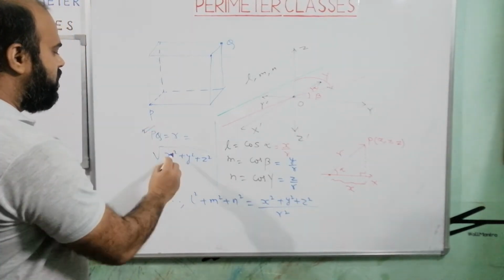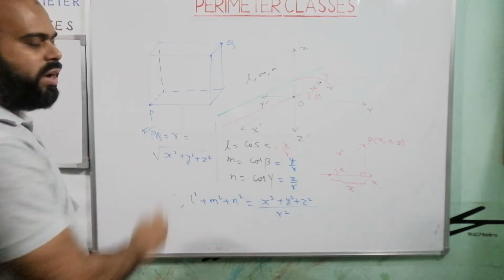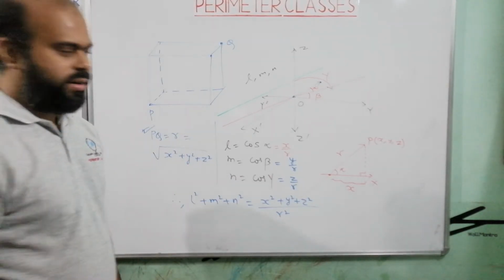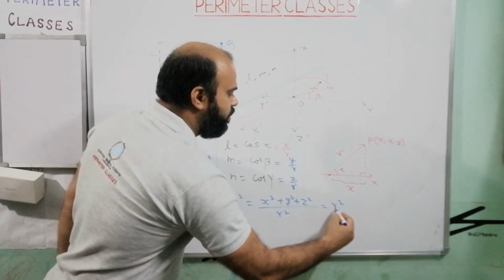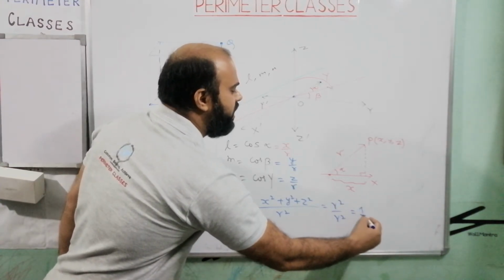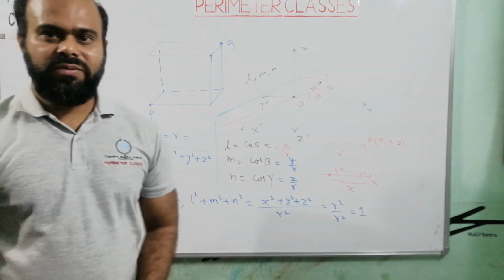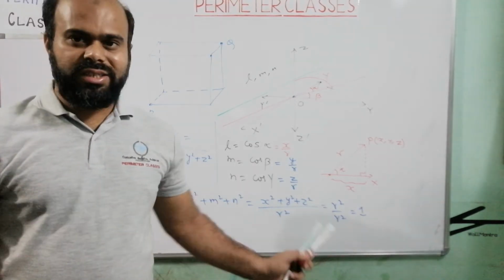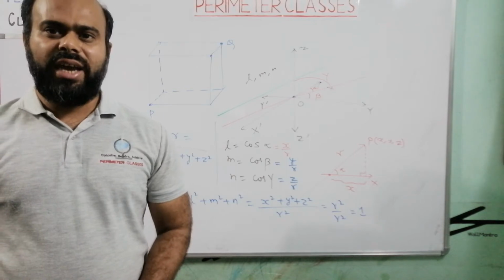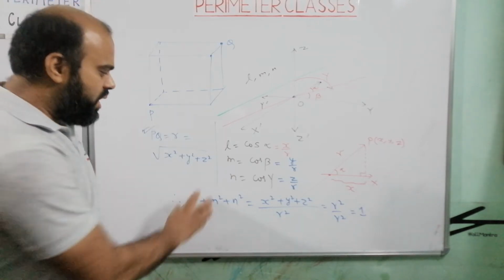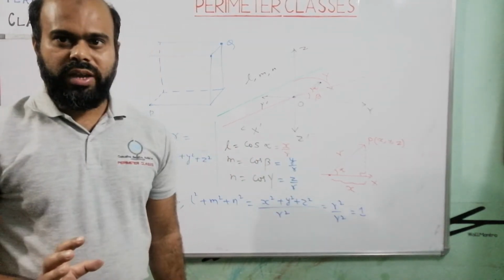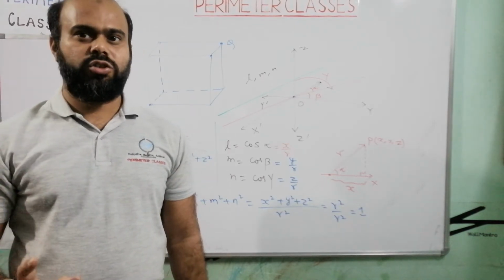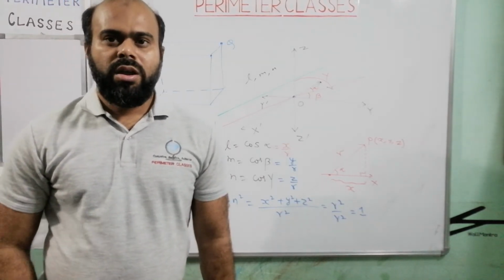From here, x square plus y square plus z square is actually r square. So this is r square upon r square, which is finally 1. This is the result I wanted to prove to you, and it is a very important result. Whenever you take direction cosines, this identity must follow: l square plus m square plus n square should be equal to 1.